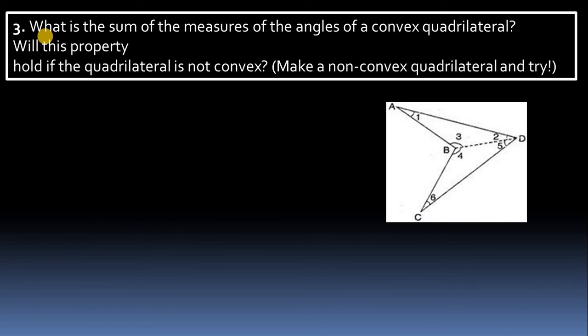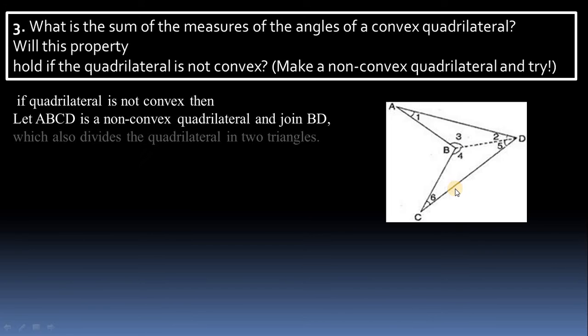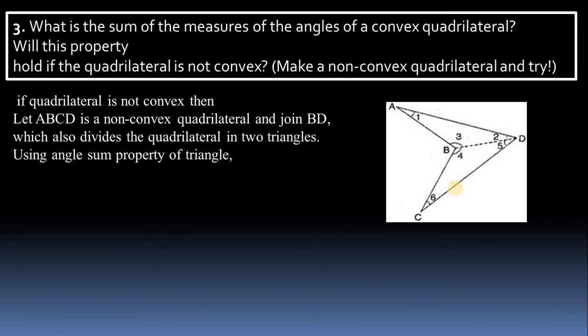Now in the next part, if the quadrilateral is not convex, so here you see this diagram, even though it consists of two triangles, again it should be 360. How will we solve that? Using the angle sum property of a triangle, in ABD it is 180. ABD means the first triangle. Then in the next one, 4 plus 5 plus 6 is also 180.